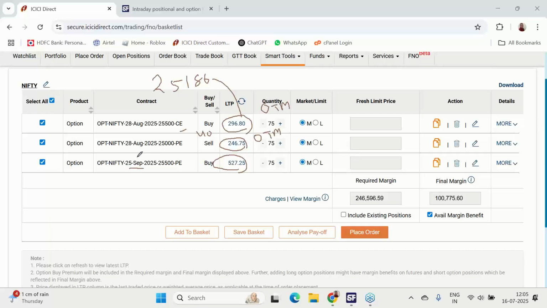This particular option is currently ITM, in the money with respect to the spot, but it has double the lifespan of expiry, near 25 to 27 days of extra life. This extra life is very vital for us, because it will result in lesser theta decay in these options.